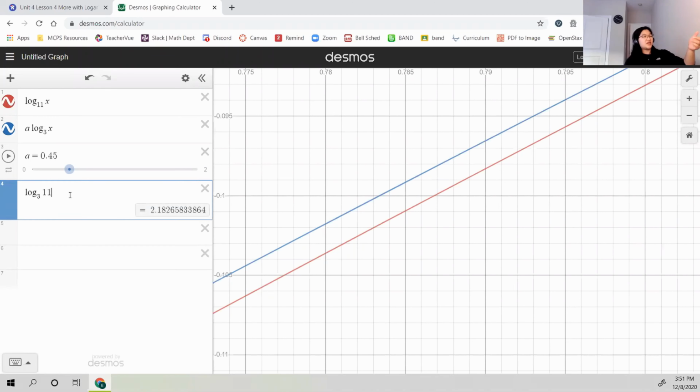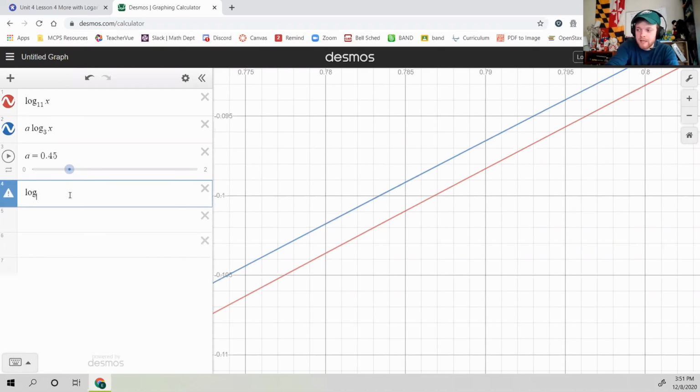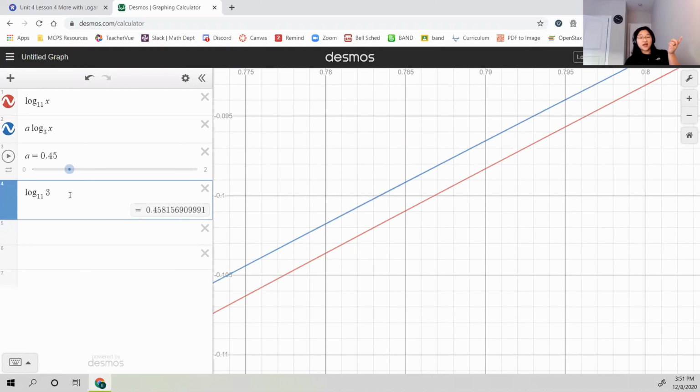But that's way too big, right? That's 2 point something. Maybe it's log base 11 of 3. Oh, that looks like right in the window of what we were looking for, 0.45 to 0.46. If I take log base 11 of 3, then I'm going to be left with a log base 11. I think I need to introduce that base of 11 to get to my log base 11.